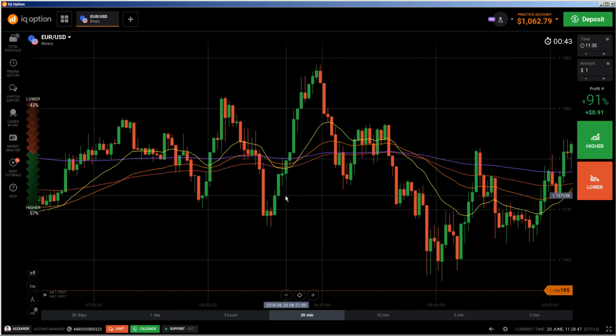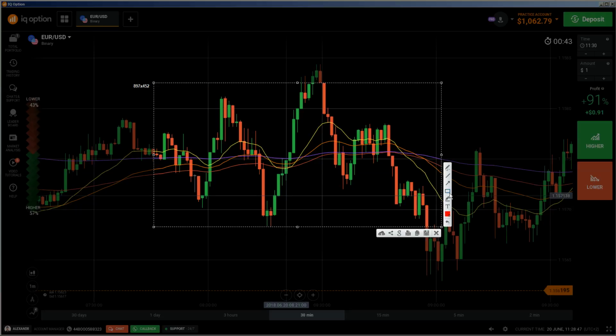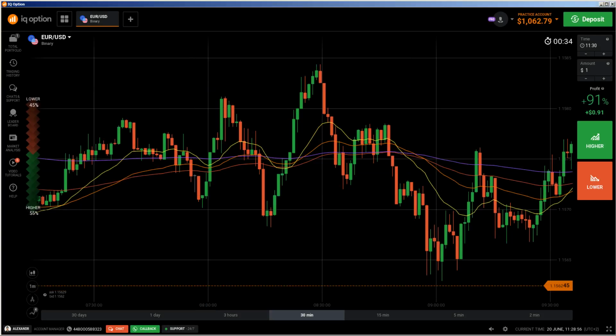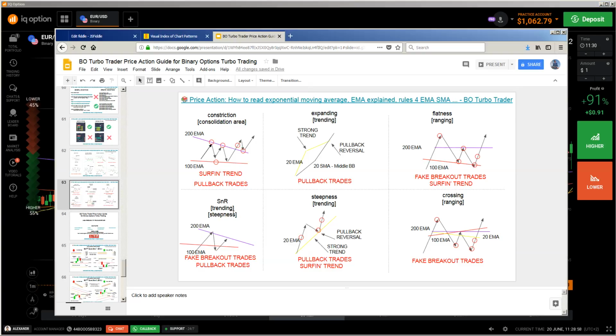And you see also here the 20 EMA is steep, and what do we have here? A strong trend. That is what I tried to explain with this kind of scenario, where I was telling you the steeper it is, the more trending it is.